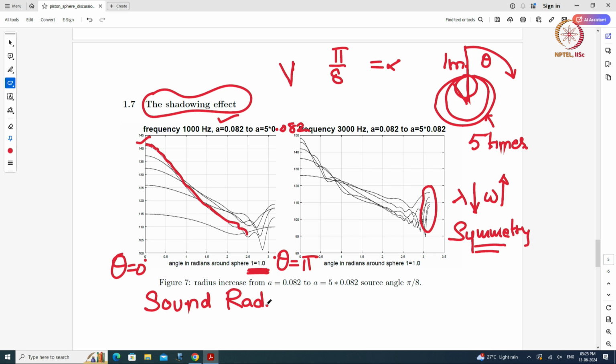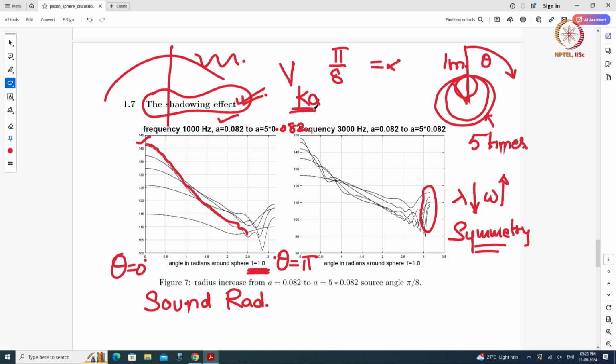So all of these will in some way or the other be present when you are looking at a radiator. There will be an angular dependence, there will be a radial dependence, there will be interferences, there will be this shadow effect. There will be the effect of the Helmholtz number.